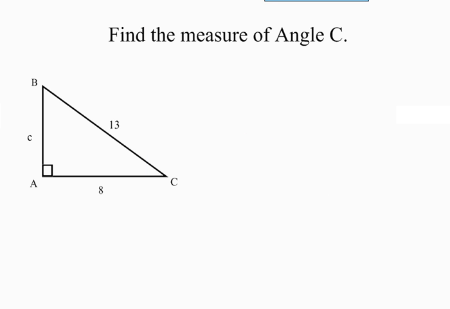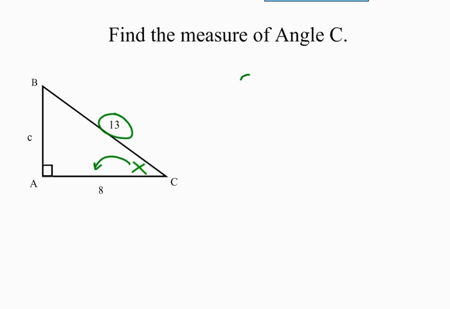All right, one more example. Find the measure of angle C. So here's angle C down here. From angle C, we know the adjacent side, and we know the hypotenuse. Adjacent over hypotenuse is cosine.